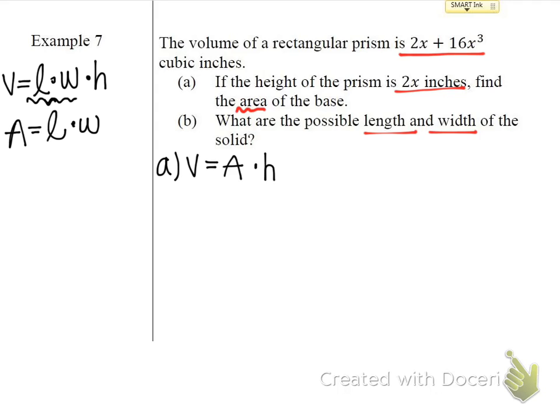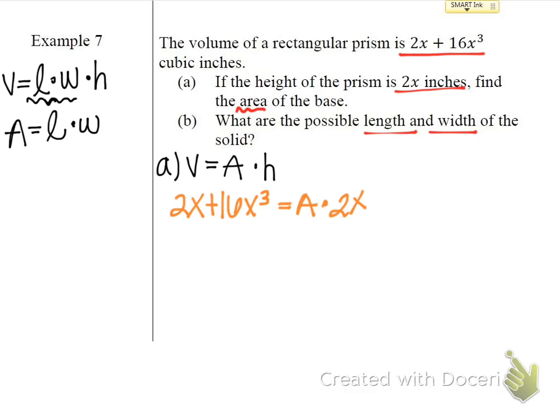So now let's actually plug in what we know. Volume was given to me. It's 2x plus 16x cubed equals, I don't know what the area is, but I do know that the height is 2x inches.